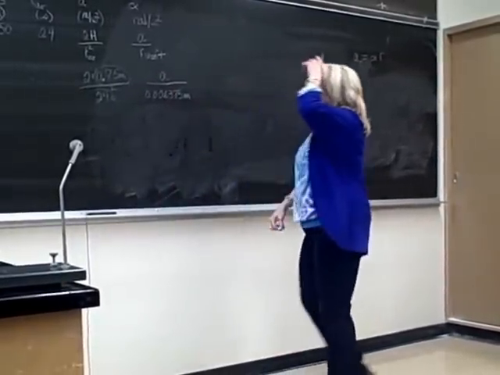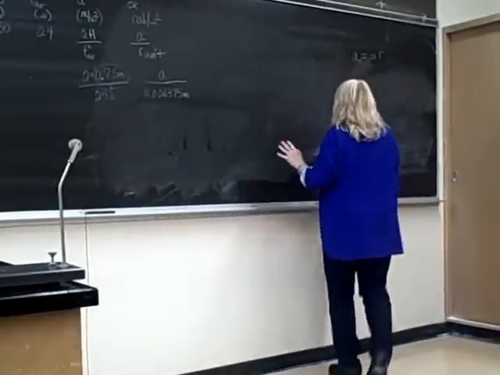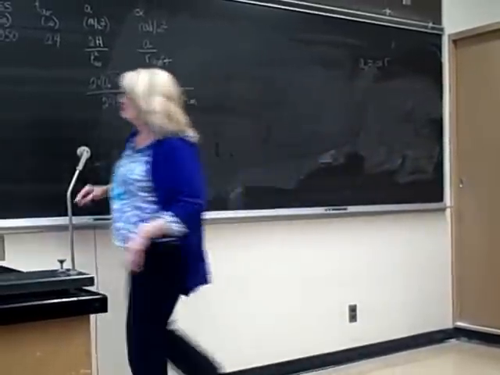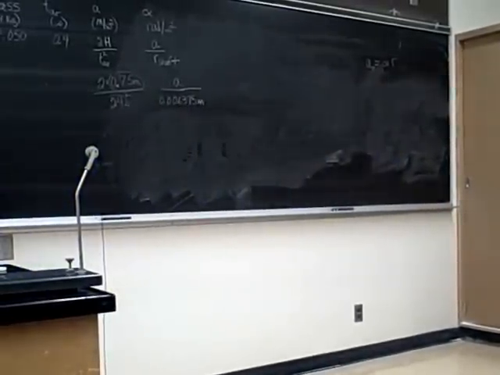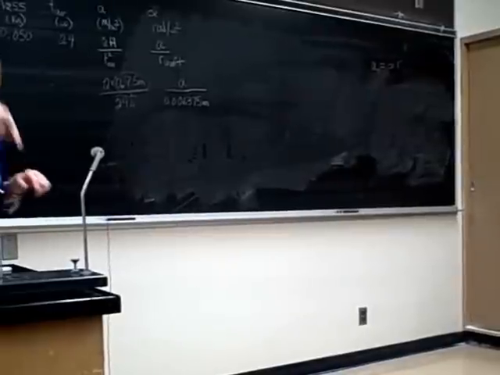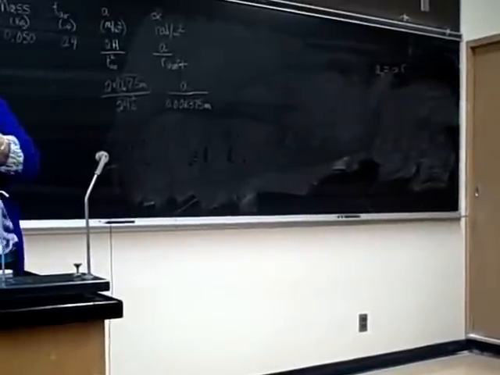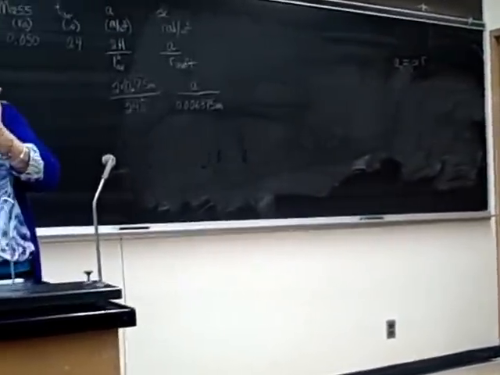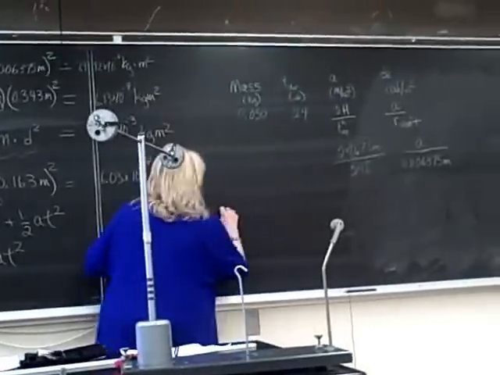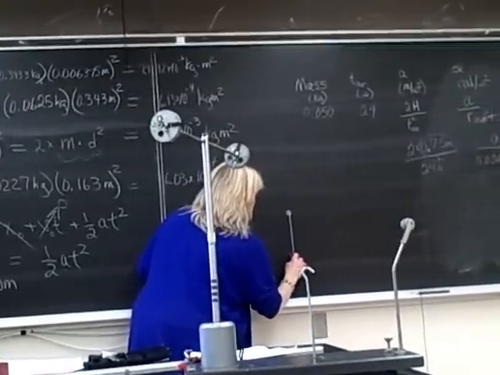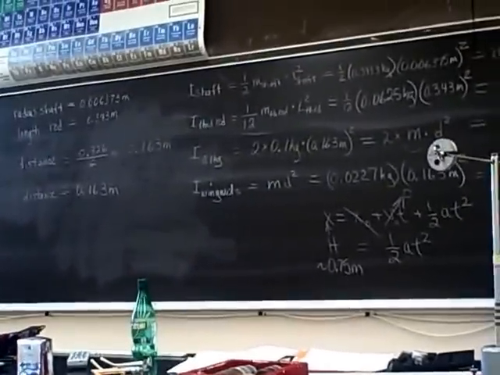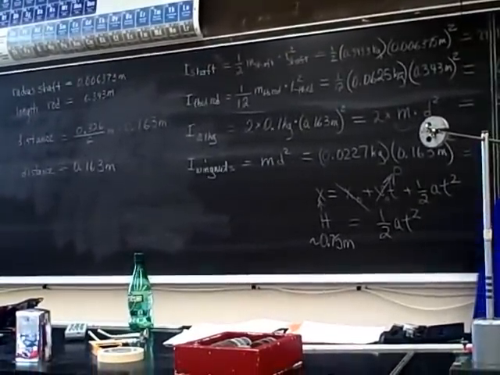Okay, now to get the tension, we're going to look at the hanging mass that's falling. Name a force acting on the hanging mass. Gravity. So you've got gravity pulling down, F sub g, which is the mass of the hanging mass times g, which is 9.8.